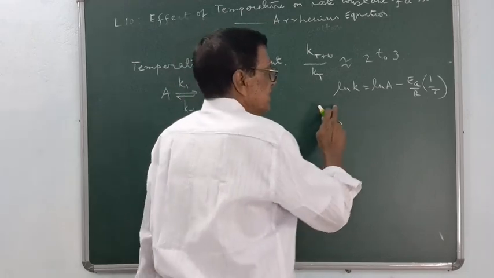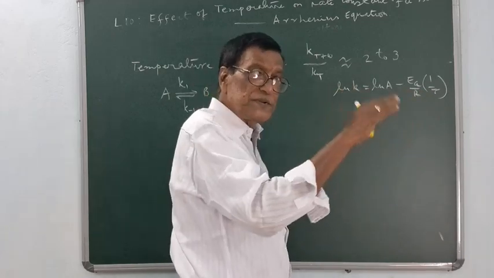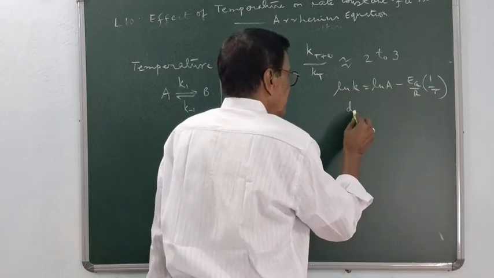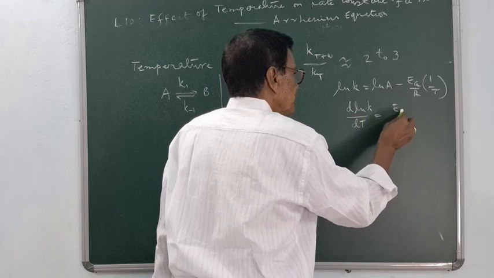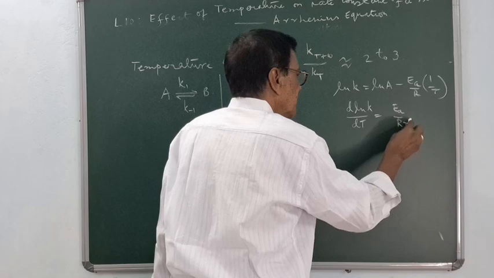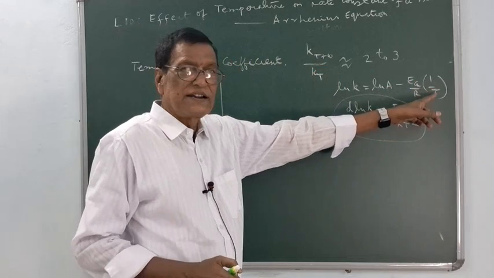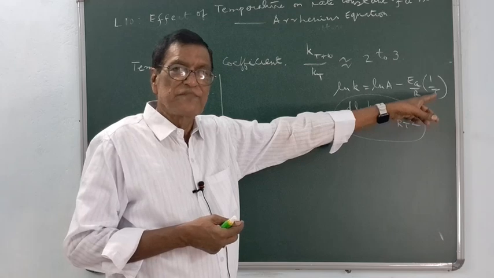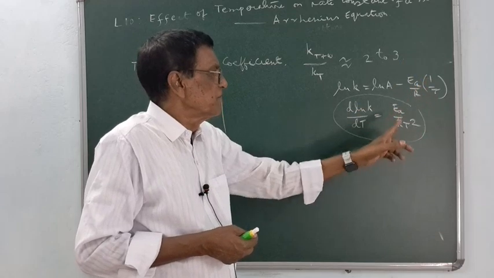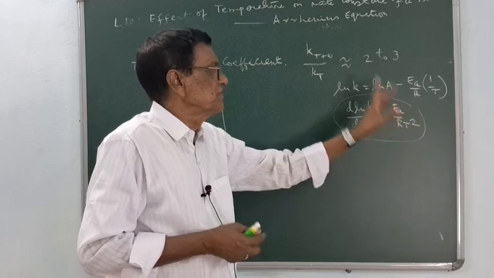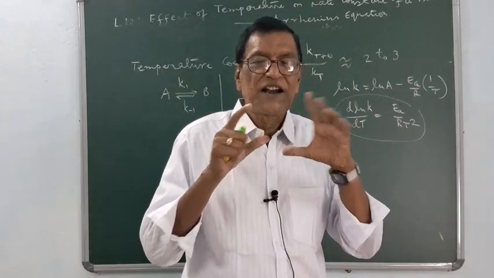So if we differentiate this equation with respect to T, then we have d ln k divided by dT equal to EA by R T square. Differentiating 1 by T with respect to T gives minus 1 by T square, and minus minus is plus, so this comes here. This is a very important form of the Arrhenius equation.